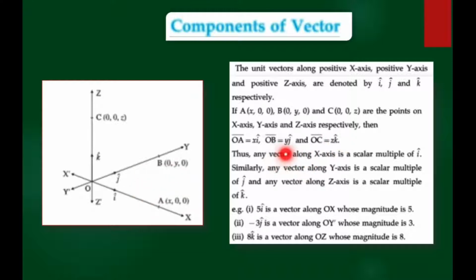So we write vector OB as y j cap. Similarly, point C lies on the z-axis, so its x and y coordinates must be 0 and the z coordinate is the distance of that point from the origin. Therefore, we write vector OC as z into k cap.